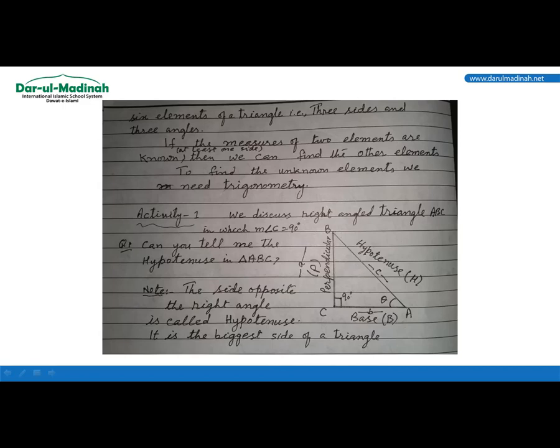So this side is hypotenuse and this side is perpendicular, and the remaining side is base. And you can see here in this figure, hypotenuse is always the biggest of the sides.